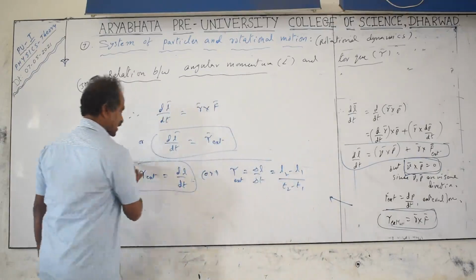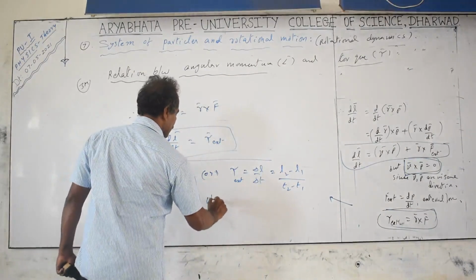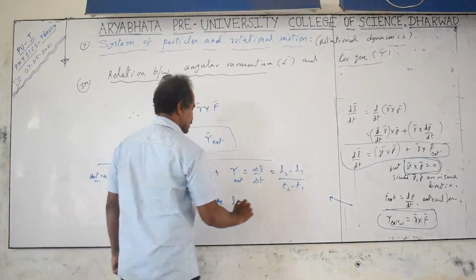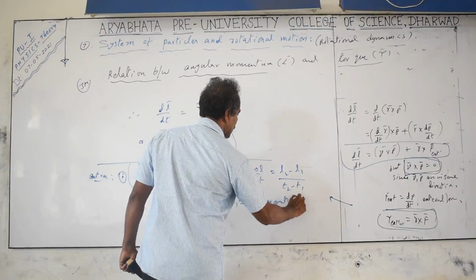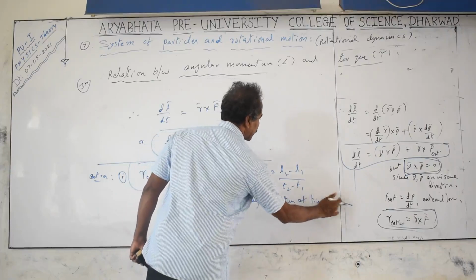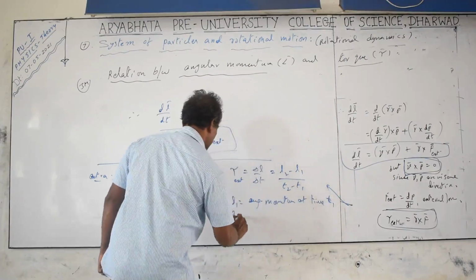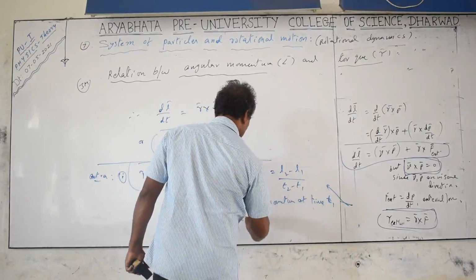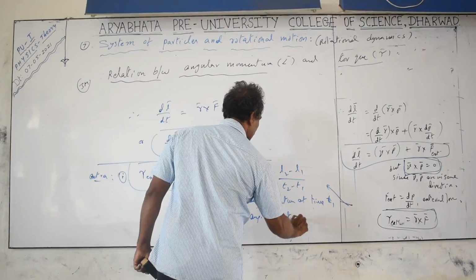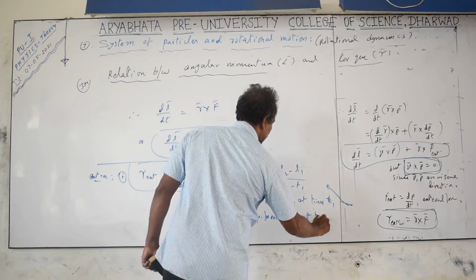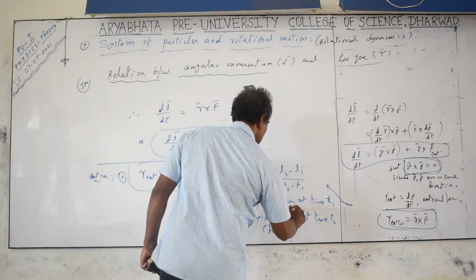This dL by dt is called the differential form, where L1 is the angular momentum at time t1, and L2 is the final angular momentum at time t2.